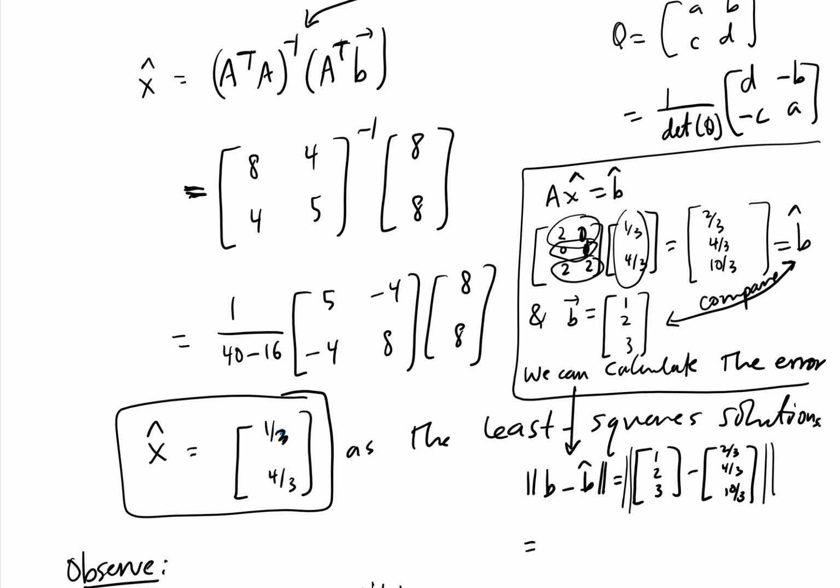That shouldn't be that difficult to do. 1 minus 2/3 is 1/3. 2 minus 4/3 is 2/3. 3 minus 10/3 is negative 1/3. And that would be the square root of 1/9 plus 4/9 plus 1/9, which is 6/9, which is 2/3 under the root. That's the error.